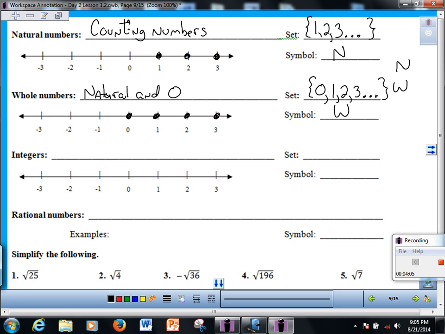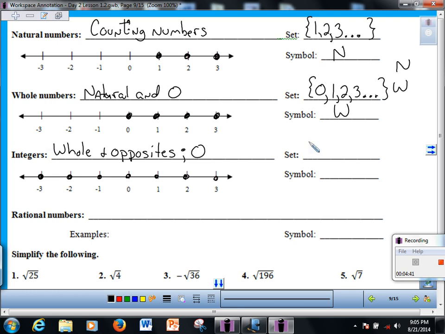Now, if I go another step, the integers are going to be the whole numbers and the opposites. And included in there, even though it doesn't have an opposite, is 0. So when we talk about integers, 0, 1, 2, 3, but I can also include their opposites.